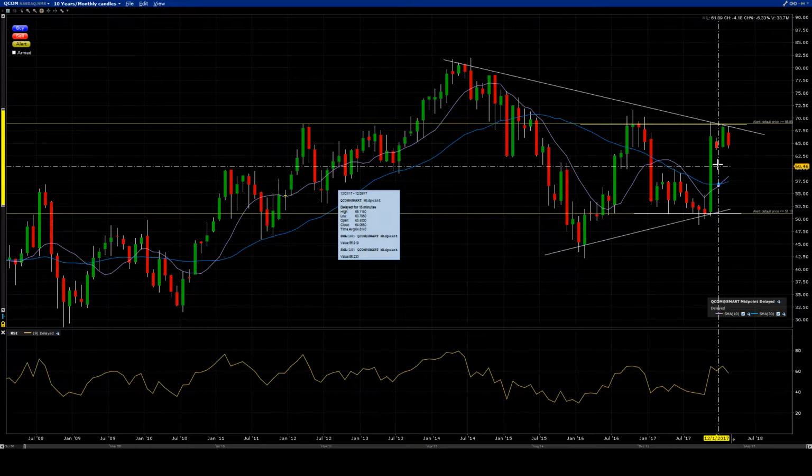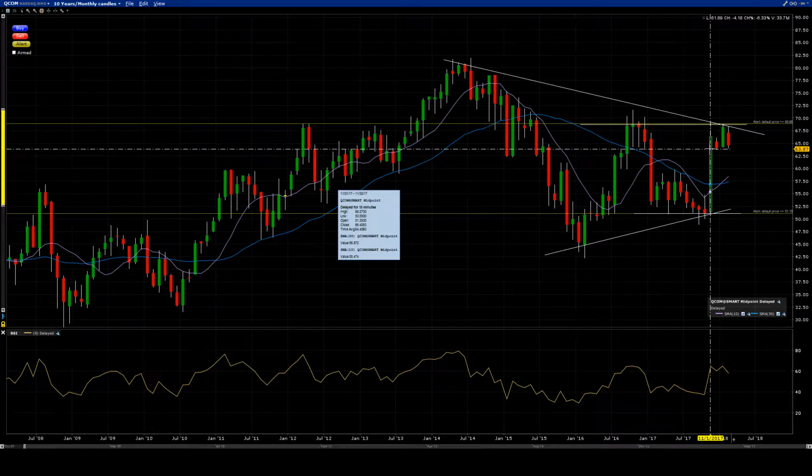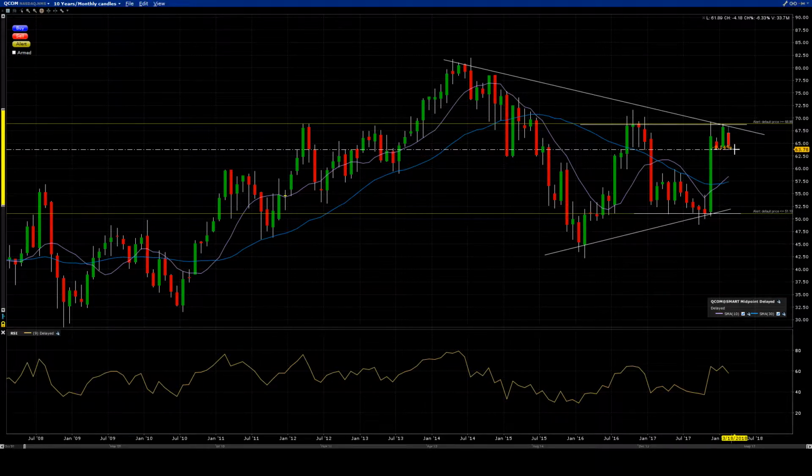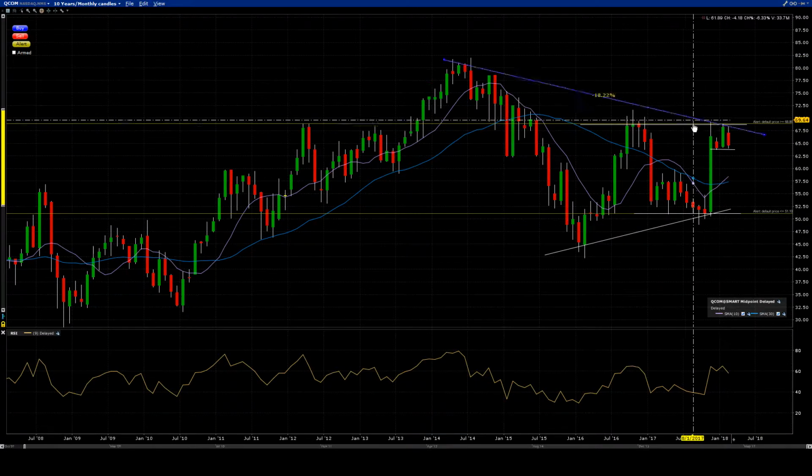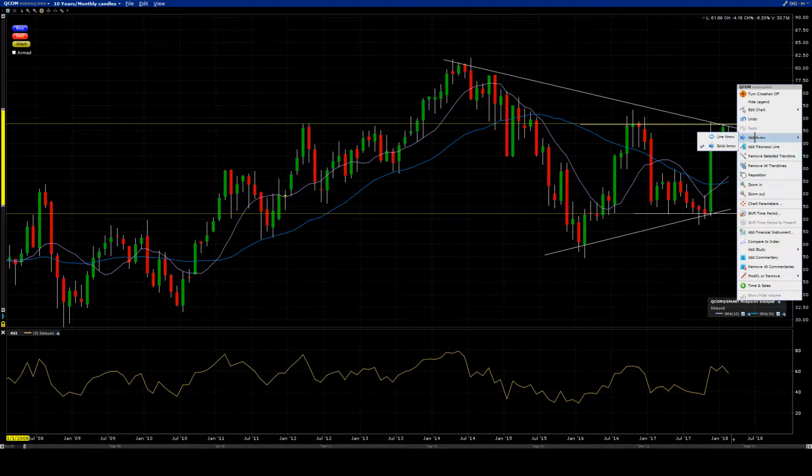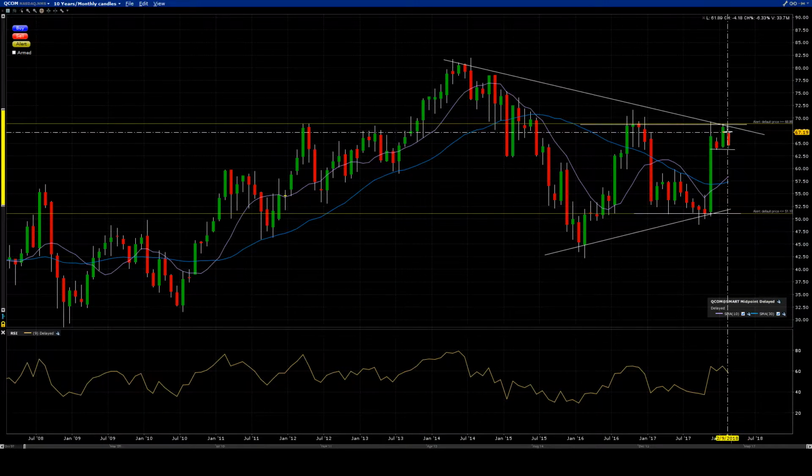Let's see what we're dealing with right now. All right, and now there's a 1, 2, 3 months pattern right here. So I'm wondering now, we're going to come and test the bottom of it.